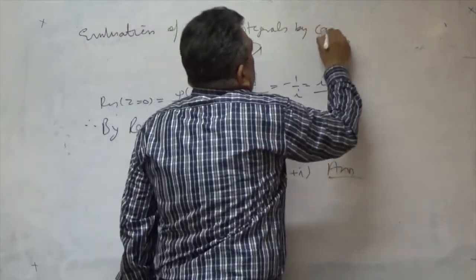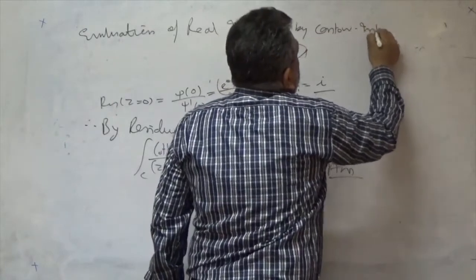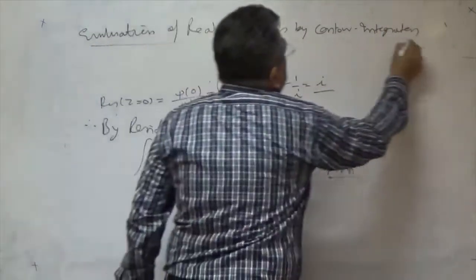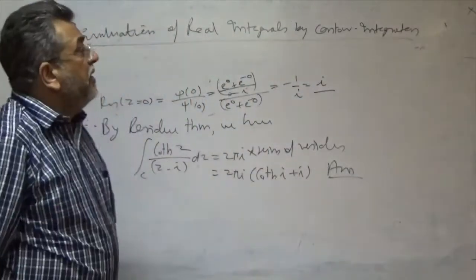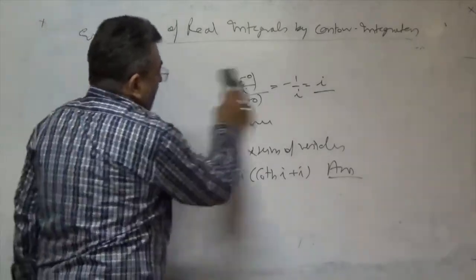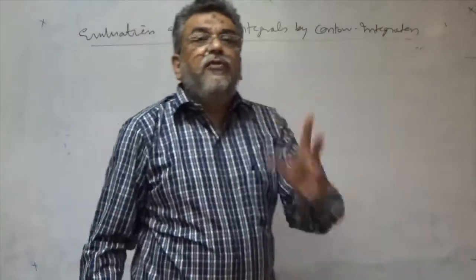These are known as contour integration. This method, the calculus of residue method, is also known as contour integration. For real integrals, first we take up the integral containing trigonometrical functions.